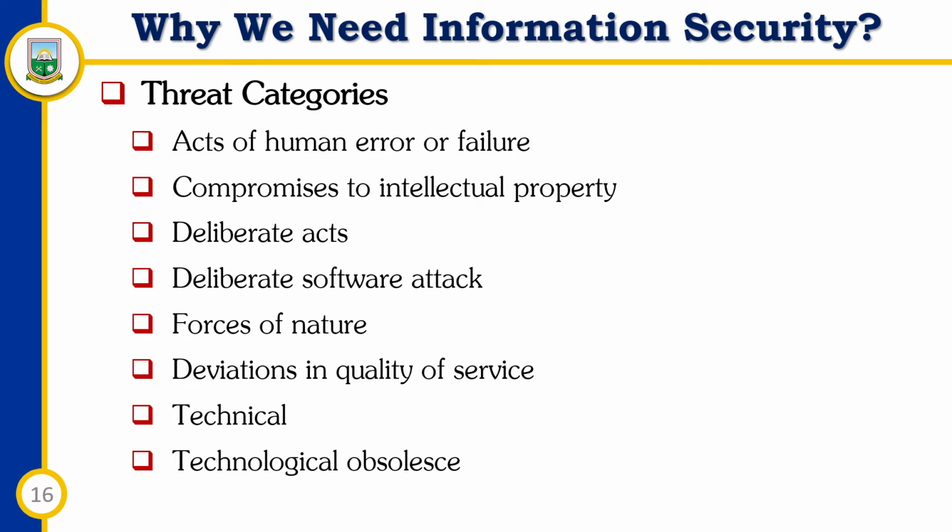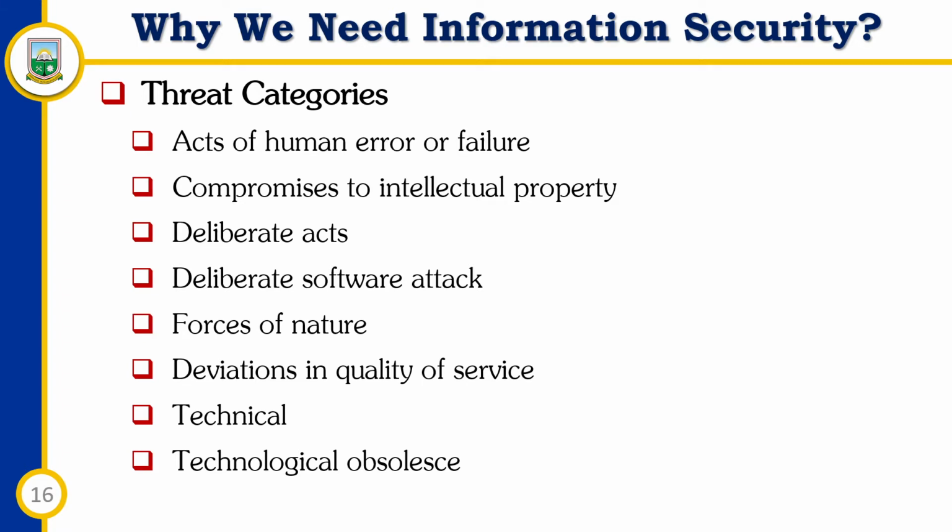In the area of deliberate software attacks, hackers can write scripts to attack specific software just to steal some important information. Forces of nature, those ones, there are times we can't really deal with. Deviation in quality of service.